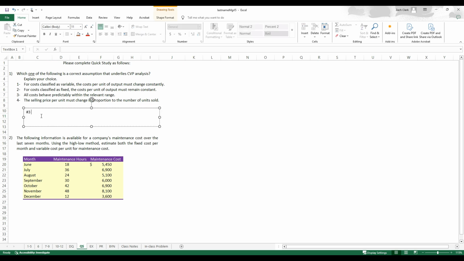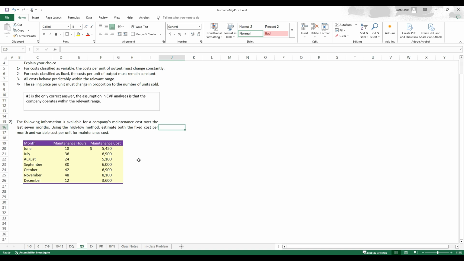So number 3 is the only correct answer. And the assumption in CVP analysis is that the company operates within the relevant range.